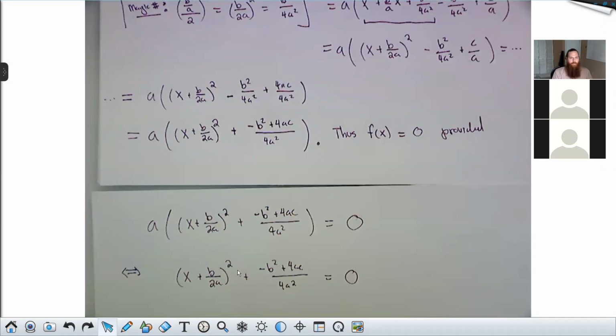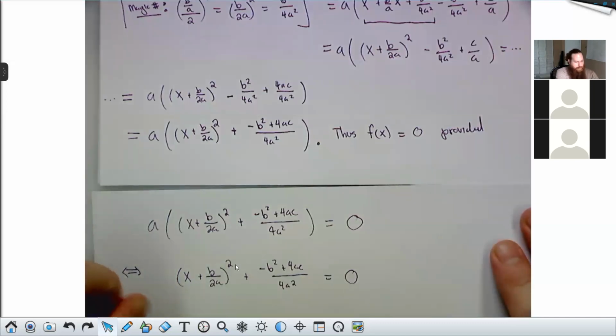Now I'm going to subtract this whole term over to the other side because I want to solve for x. Remember, the quadratic formula is like x equals. So what we're trying to do with all of this is solve for x. We set f of x equal to 0 and then solve for x.